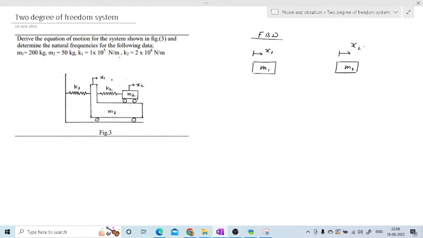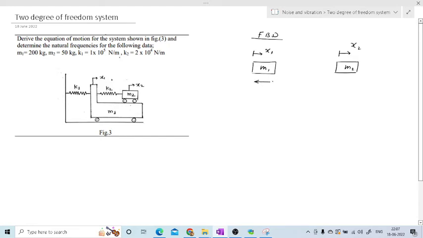Now we will have to show the forces acting on these masses. As we are drawing the free body diagram, we have to show the forces acting on each mass. First show the inertia force. We normally show the inertia force in the opposite direction to displacement. The displacement is in the right direction, so show the inertia force in the left direction.